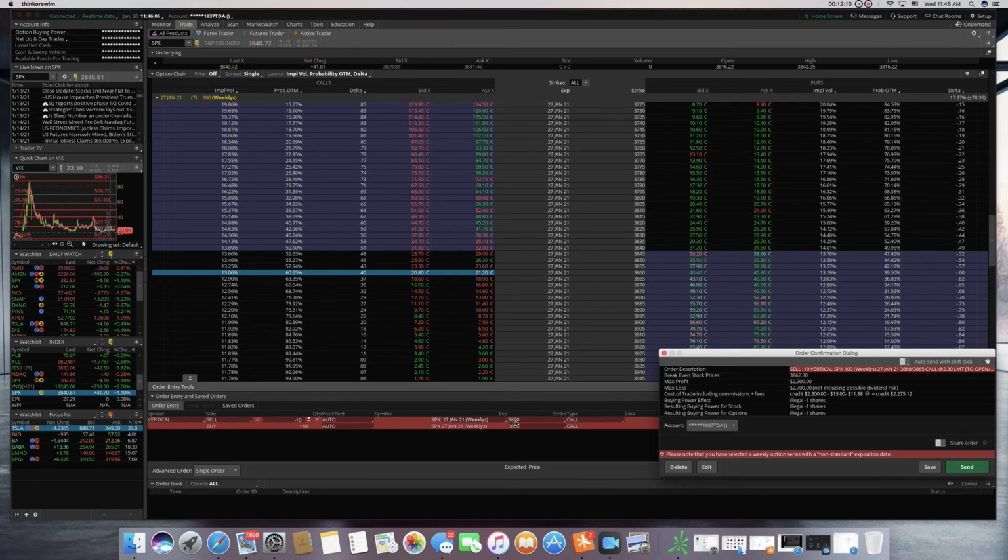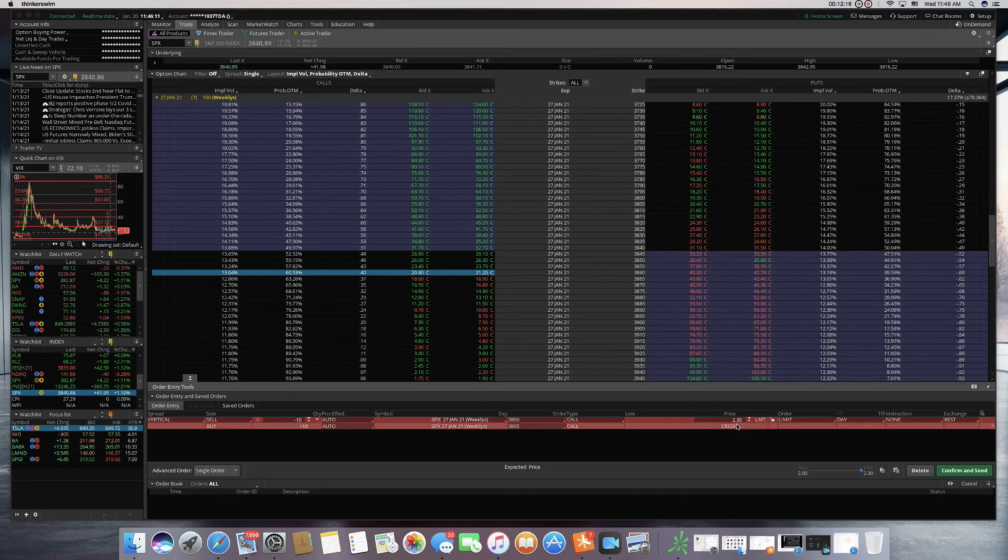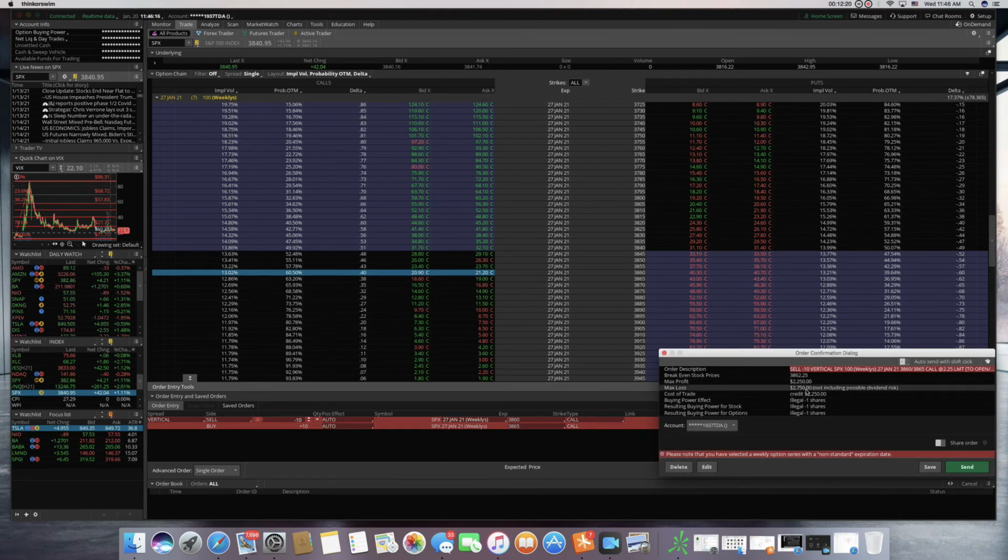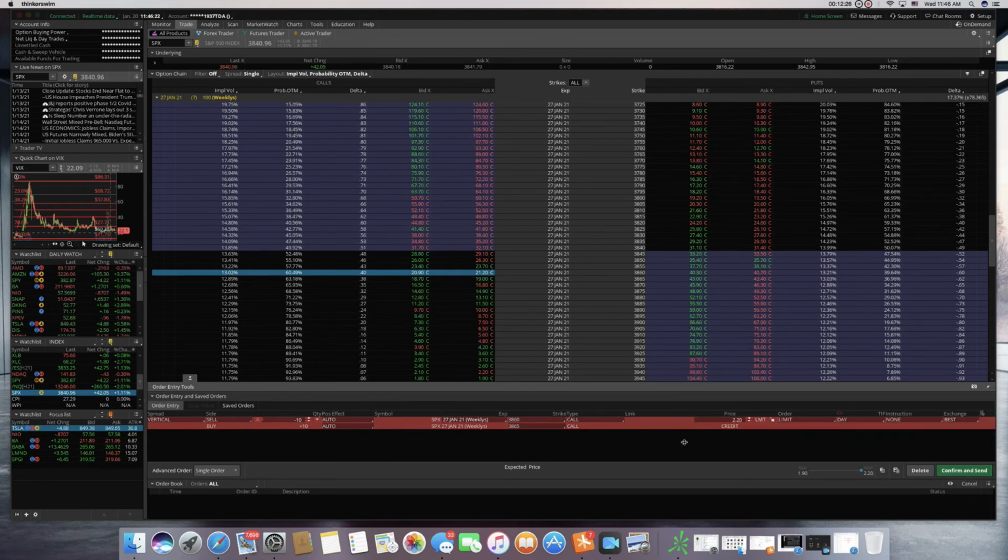So the short call strike price is $380.60 plus the premium received of $2.30. So that will be, of course, $382.90. So that is basically all the things around a call credit spread.